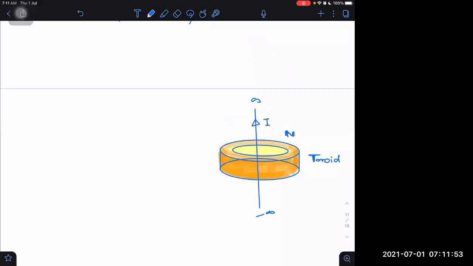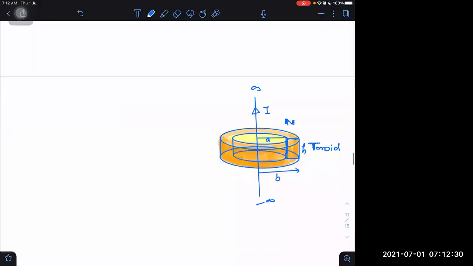You can find it out easily by taking inner radius A and outer radius maybe B, and we have a standard formula for finding the flux through this cross section. Height of this I have to give maybe h. If we have a formula, we can find out the flux, right?